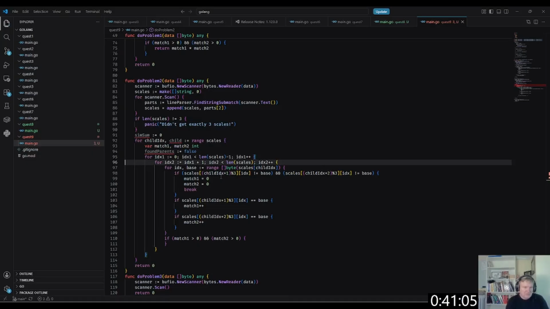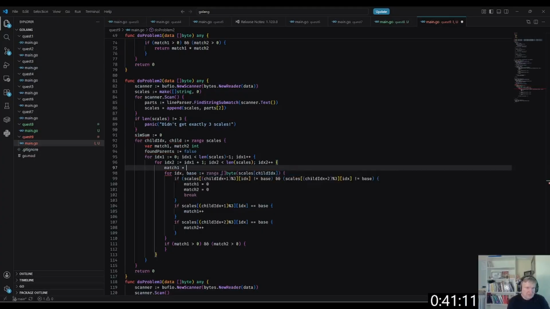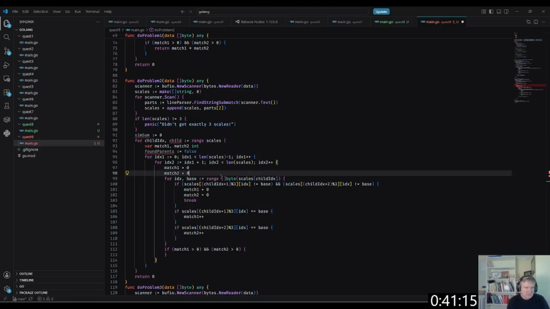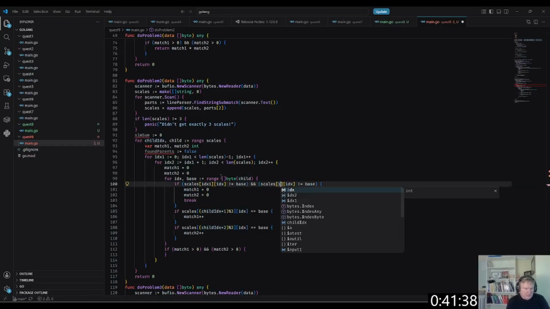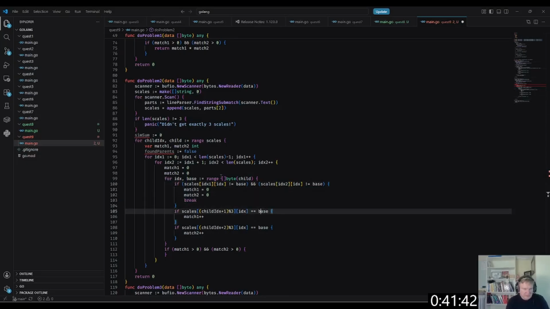Okay, found parents equals false. Range child scales idx1 idx2 idx1 idx2.